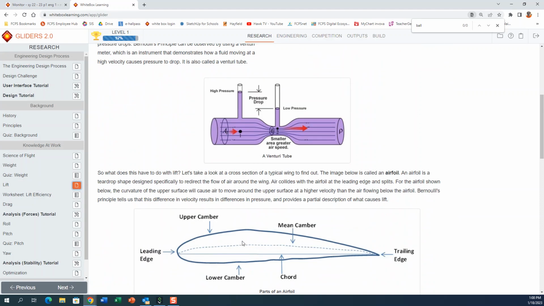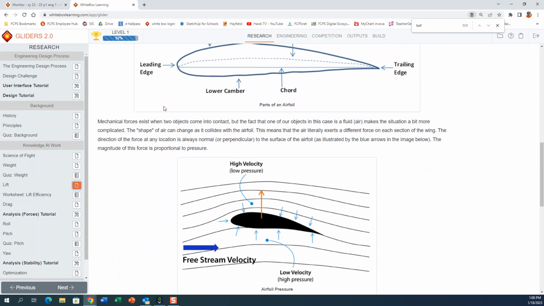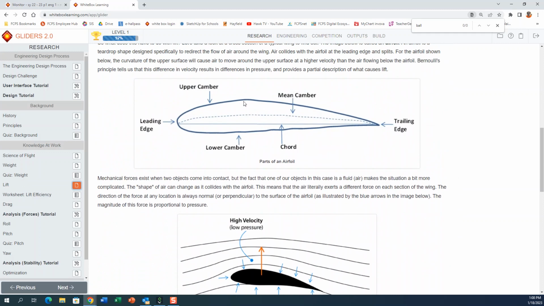Well, if you look at the edges on an airfoil, notice how the nose of this airfoil is rounded over, and then it's tapered down as it goes to the back. Well, our balsa wood is just a rectangle, all right?